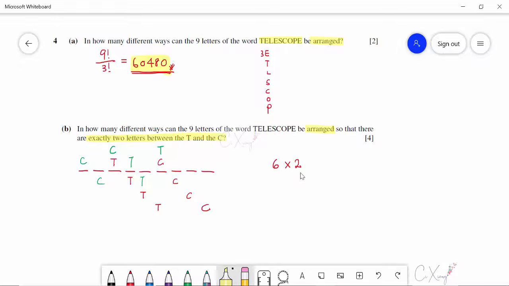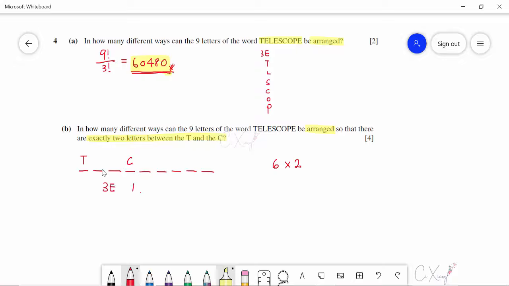All right, so once we settle the positions for C and T already, then now let us try to put in all the other letters. Assume that the T and C is here. What are the remaining letters that we need to arrange for all the spaces here? We still have 3 E's.